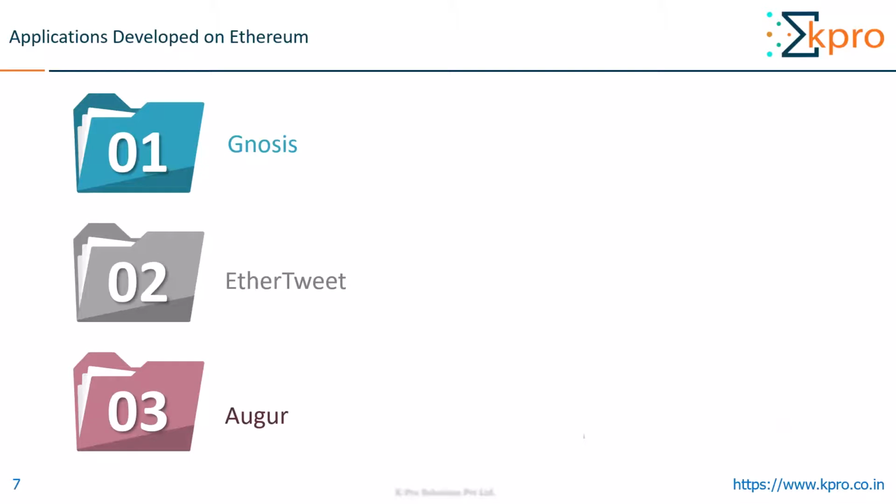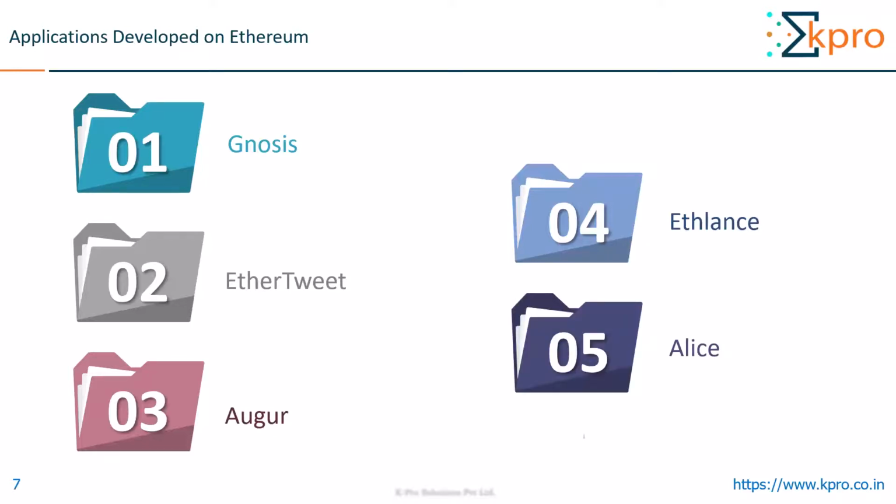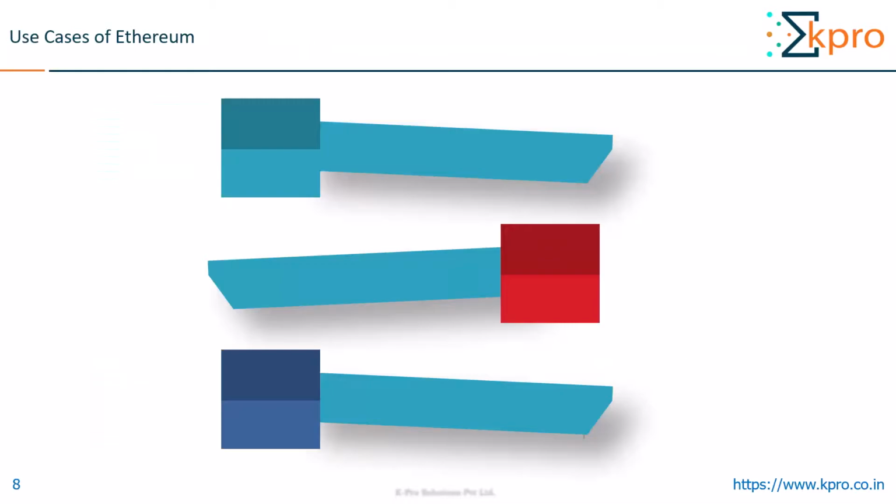The third one is Augur. So this is an open source prediction market which rewards correct prediction. Fourth one is Ethlance. So it is a freelance platform to exchange work for Ether rather than any other currencies. And the fifth one is Alice. So it is a platform to bring transparency to social funding and charity. So these are some of the applications that were developed on the Ethereum blockchain.